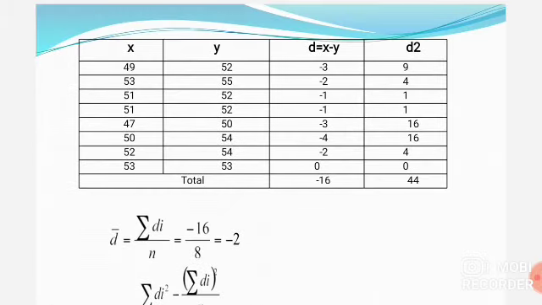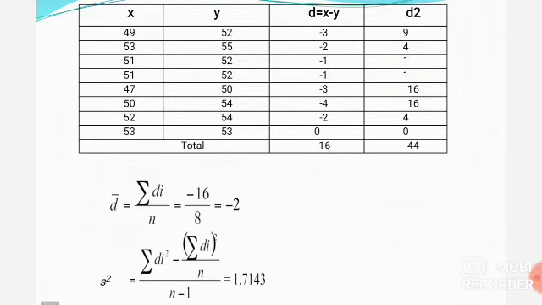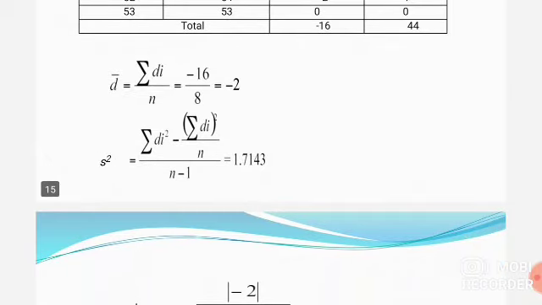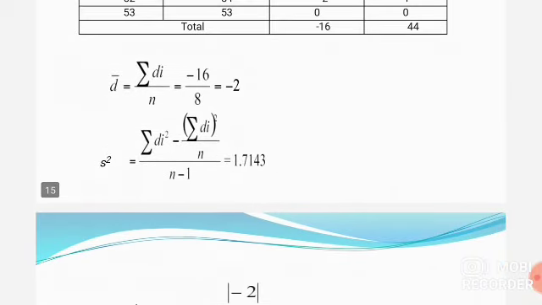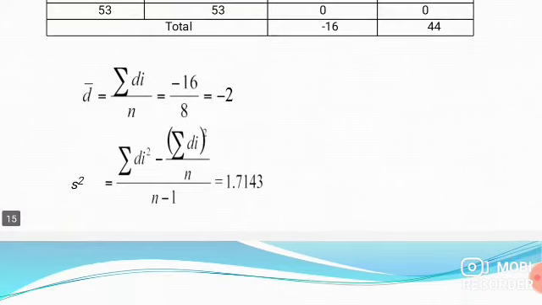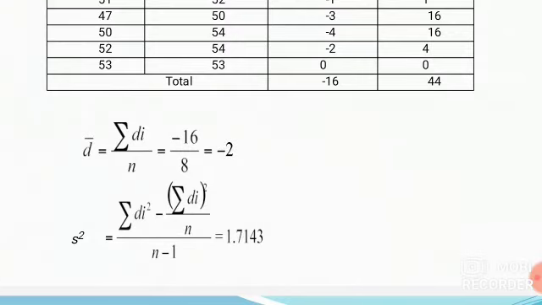So minus 16 divided by 8 we get minus 2. Now we find s square, the variance of the paired test. S square equal to summation di square minus (summation di) whole square divided by n, and also divided by n minus 1.